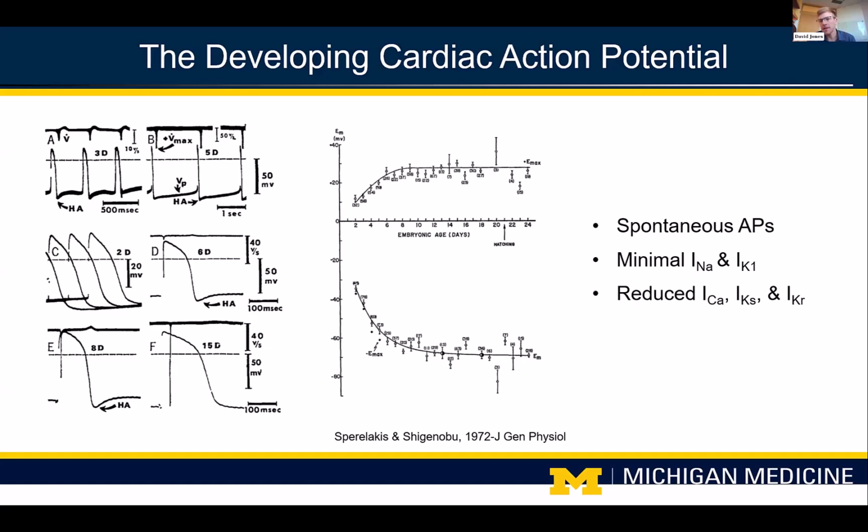In developing myocytes, the electrophysiology is distinct, and it's dynamic through the duration of human development. This is a slide taken many years ago, actually, from embryos of a chicken.